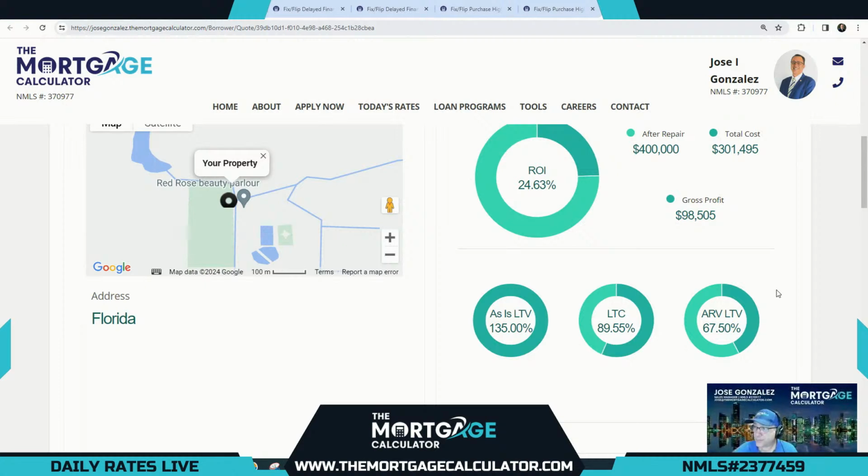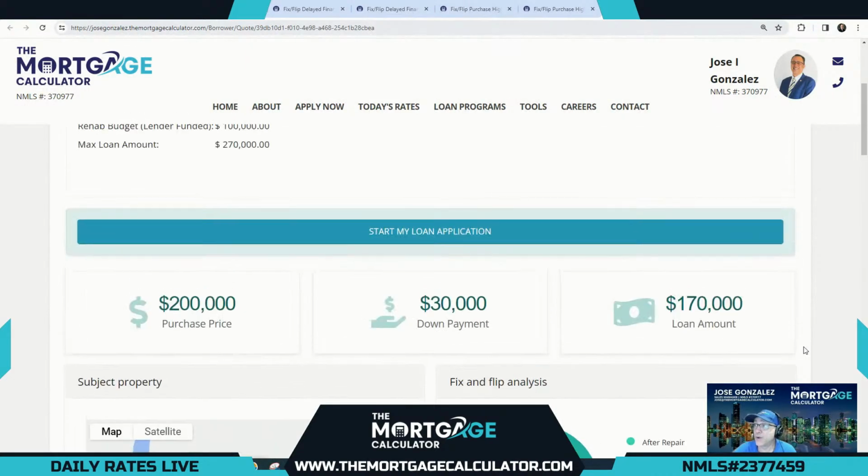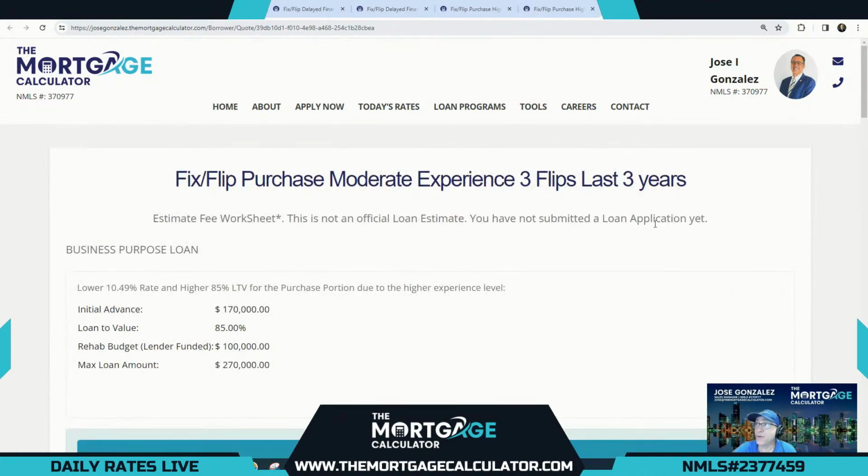But also, due to our greater experience, we not only get 10% more LTV on the initial distribution, but our rate drops to 10.49. So our rate drops by a whole 1%, and our loan amount increases. Win-win situation for our flipper with 3+ flips in the last 3 years.